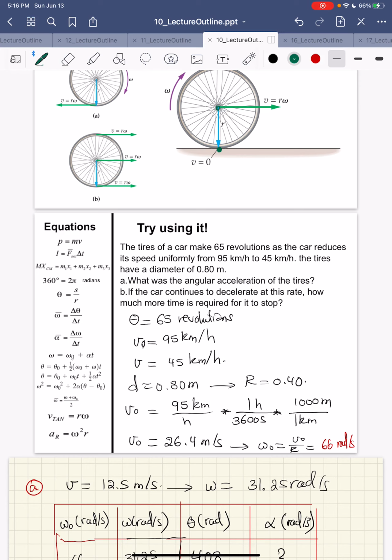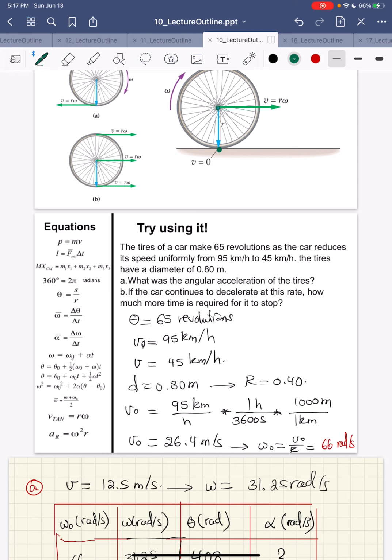Here I will say theta is 65 revolutions. V, the linear velocity of the car, initially is 95 kilometers per hour, and finally it is 45 kilometers per hour, and the diameter is 0.8, so the radius is 0.4.